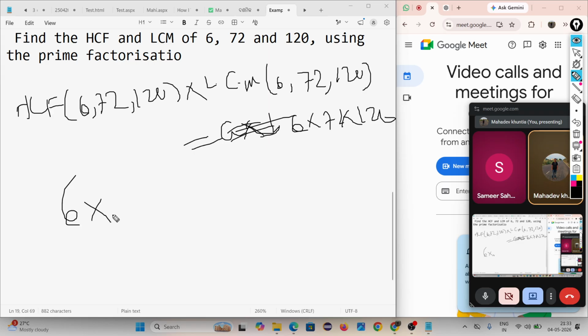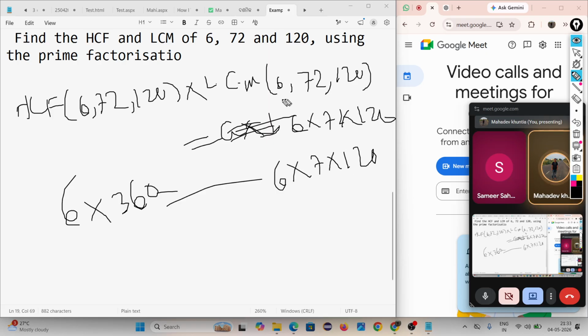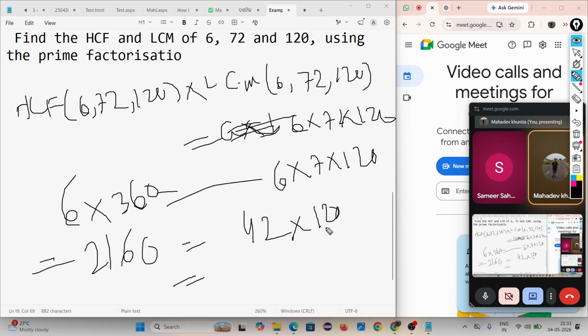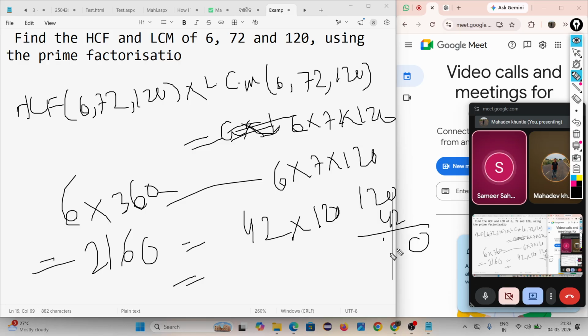6 into 72 is 432, then 432 into 120. If you multiply 120 into 42 and so on, the product does not equal HCF into LCM.